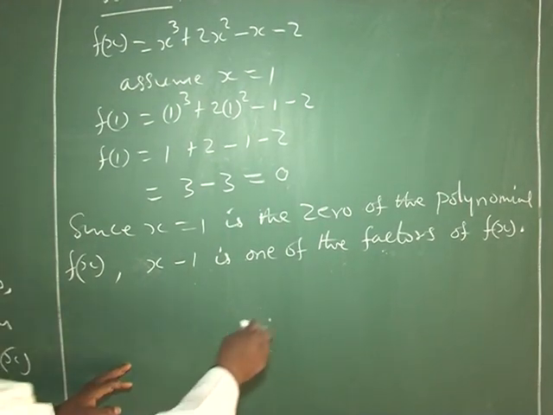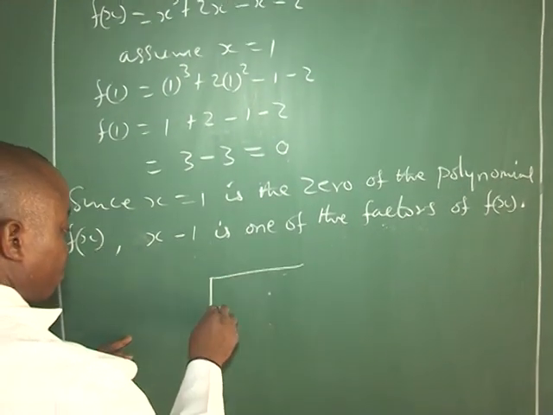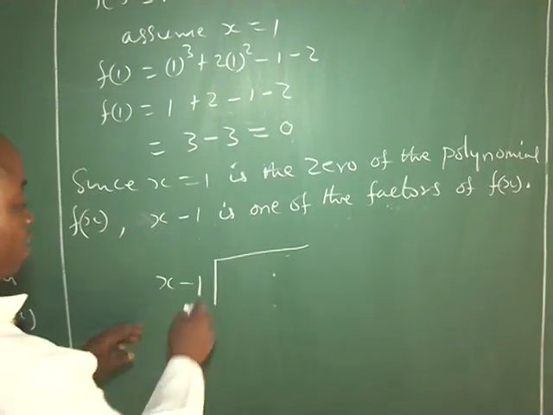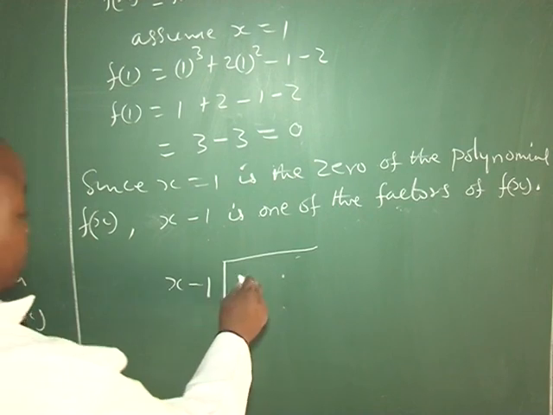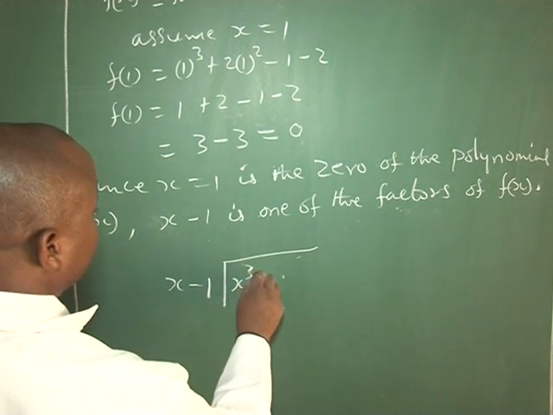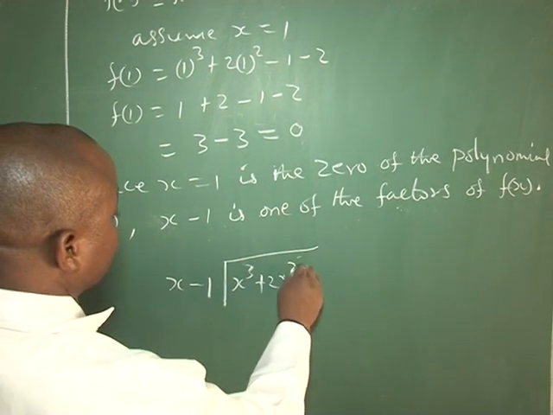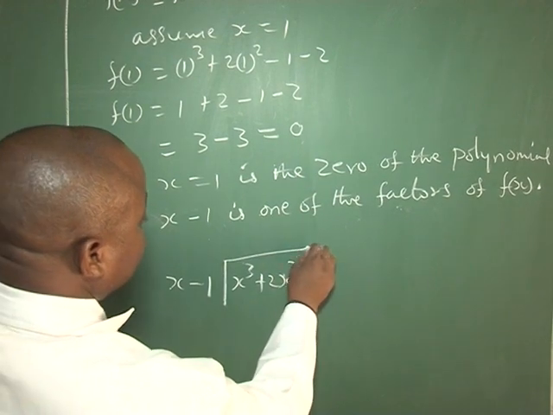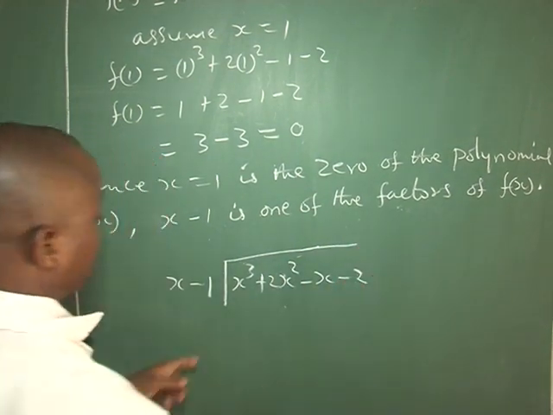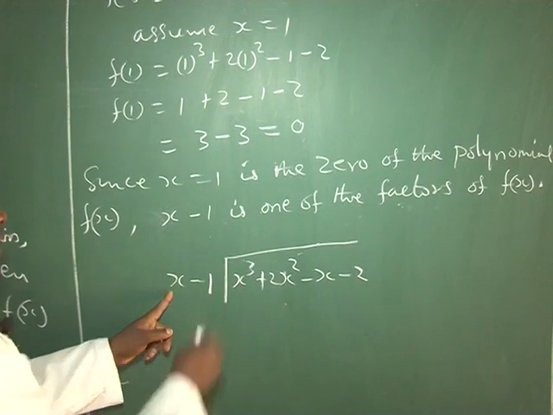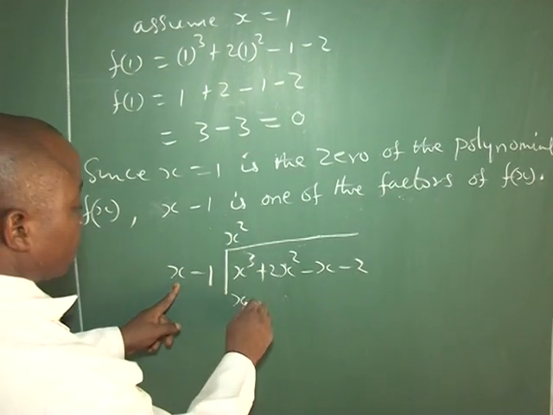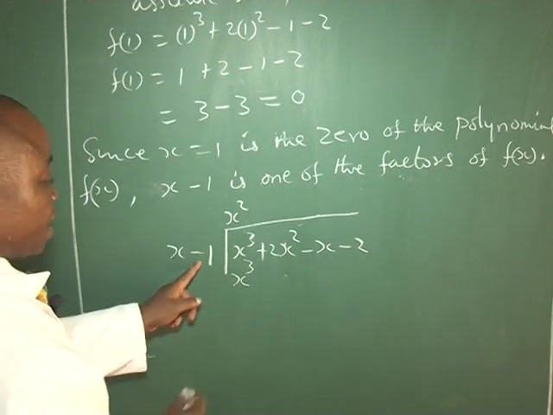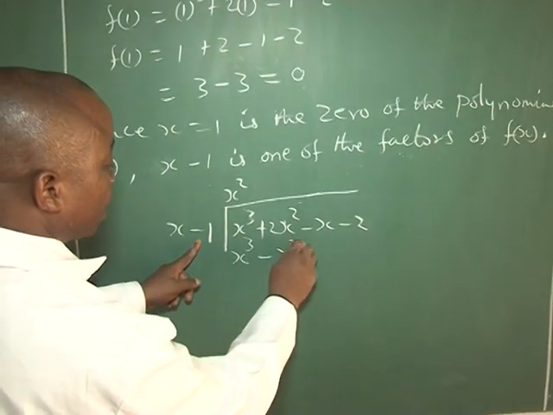Now let's look at that. If x minus 1 is one of the factors, then I can divide it to get other factors. The polynomial is x cubed plus 2x squared minus x minus 2. So x cubed divided by x will give me x squared. x squared times x gives me back x cubed. x squared times minus 1 is minus x squared.